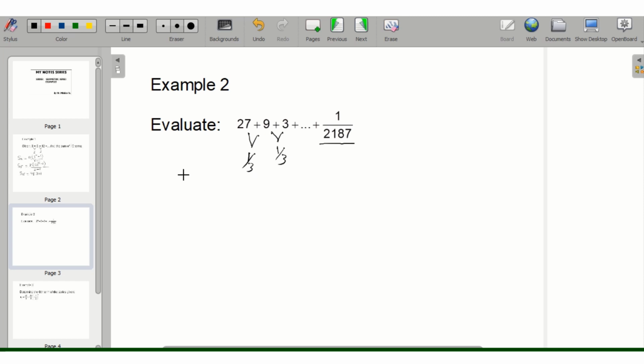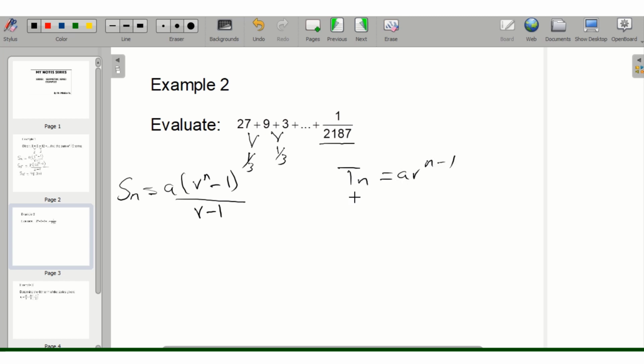And so you can say Sn equals A into r to the power n minus 1 over r minus 1. Now in this particular case, we see that we do not know how many terms we are adding. So we need to go to the general formula, the nth term.